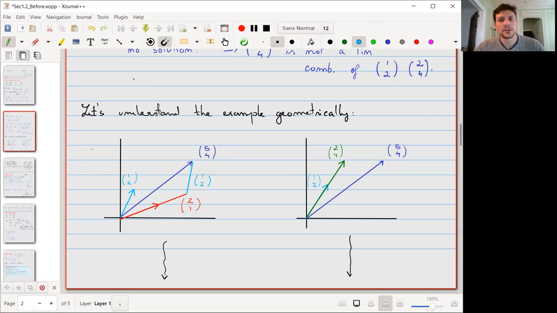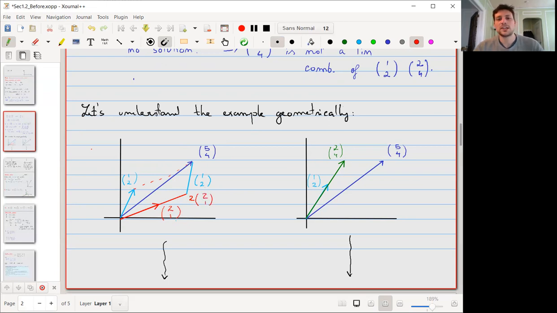In other words, what I'm saying is that we can construct a parallelogram whose edges are scalar multiples of 1, 2, and 2, 1. This point here is twice the vector 2, 1.